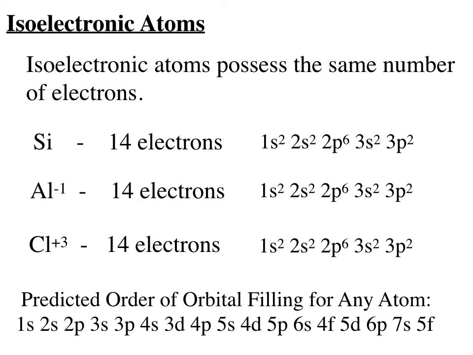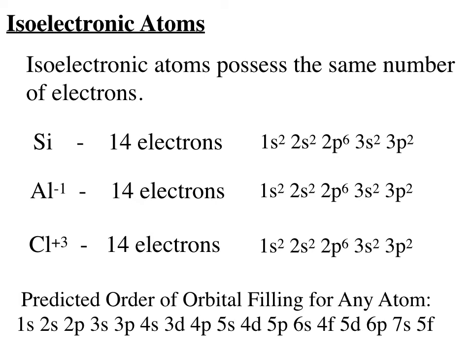But if I now made the anion aluminum -1, neutral aluminum has 13 electrons, so it would have exactly the same electron configuration as chlorine +3, whose neutral atom begins with 17 electrons. When you make it a +3 cation, it would also have 14 electrons, and they would populate exactly the same orbitals above the nucleus.